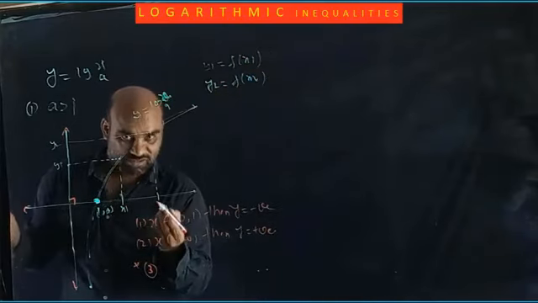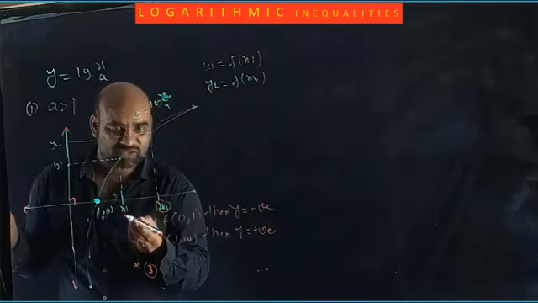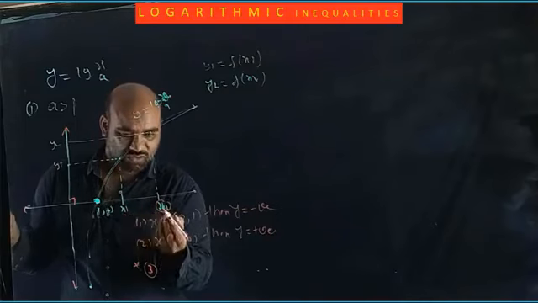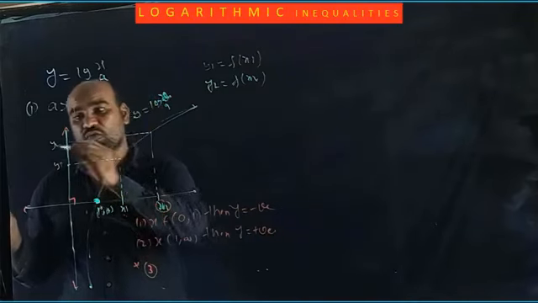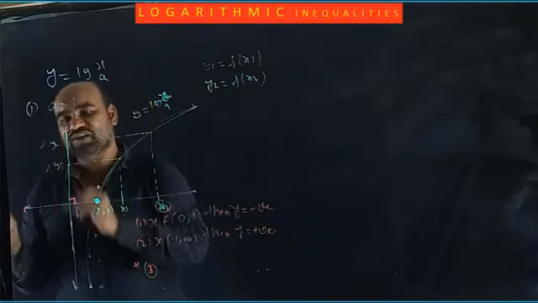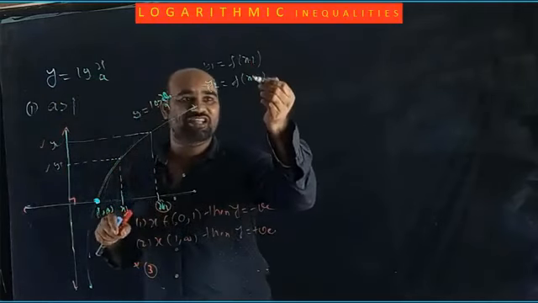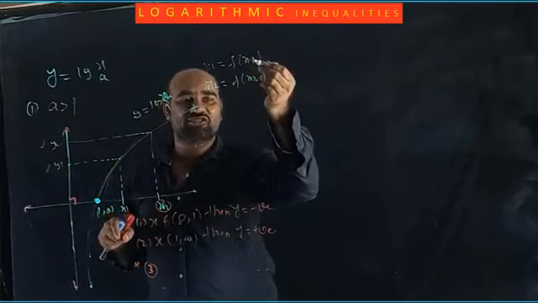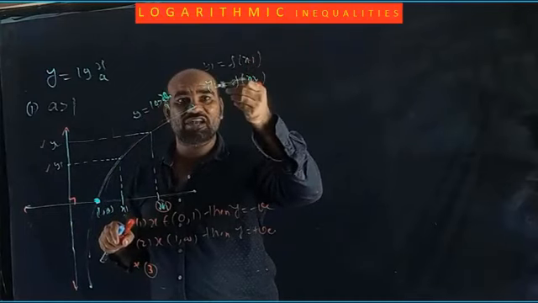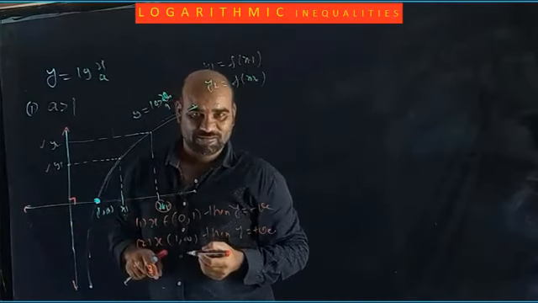Observation: on the number line, x2 is greater than x1. What is the relationship between y1 and y2? Y2 is greater than y1. Means if x2 is greater than x1, you are getting y2 greater than y1.